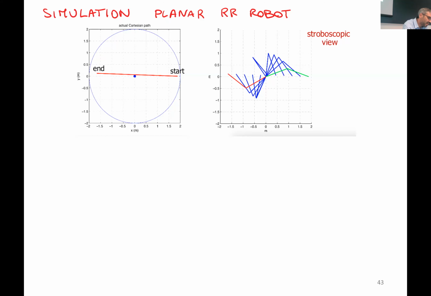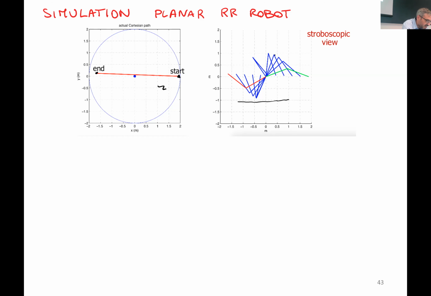Think about a planar robot that goes from this point and is getting close to the singularity. You see here a stroboscopic view of the motion, and you see that the planar robot will always have an elbow down configuration.